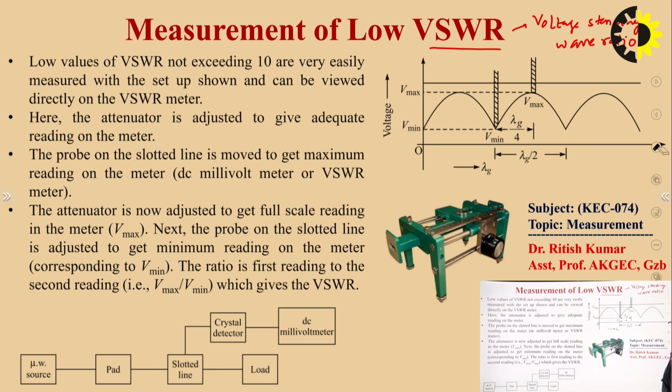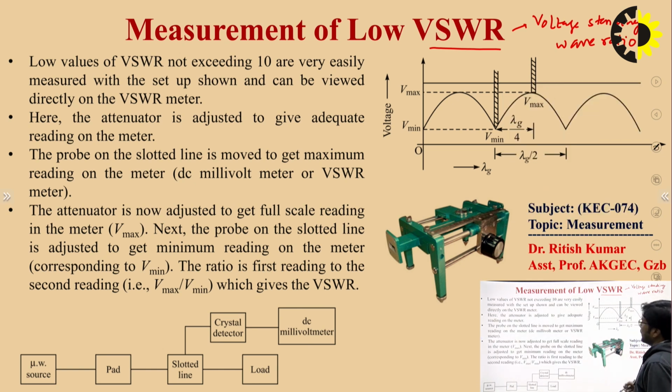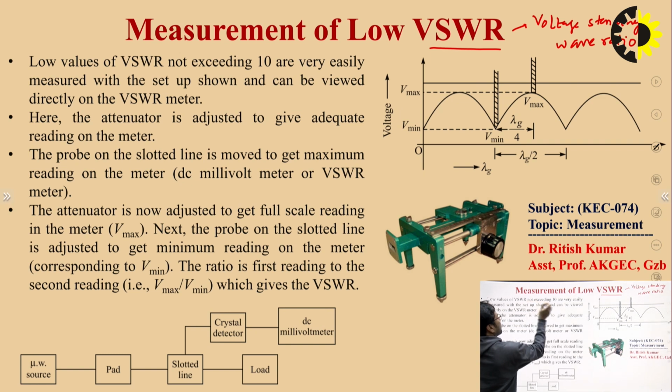Firstly, we will study the low VSWR value. The threshold level of low VSWR is less than 10. For VSWR less than 10 we have to follow this kind of measurement setup.